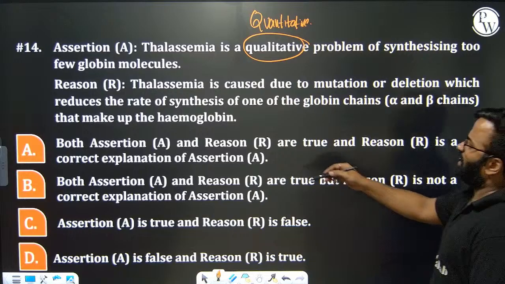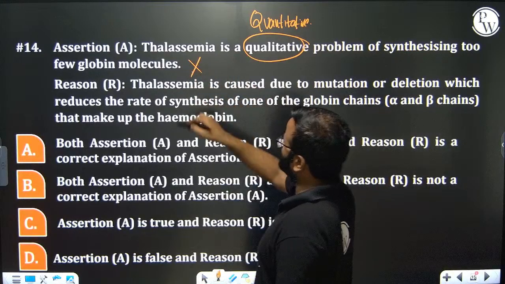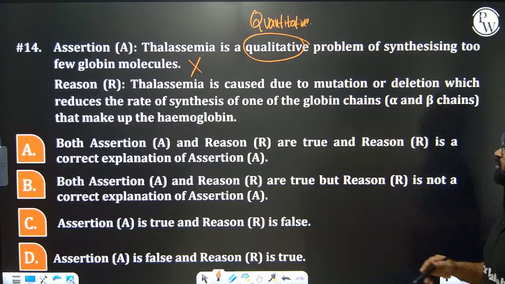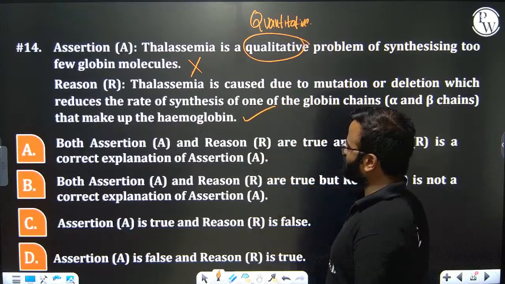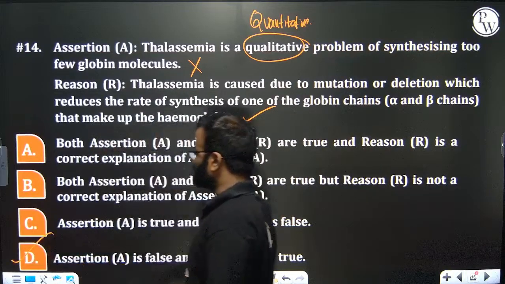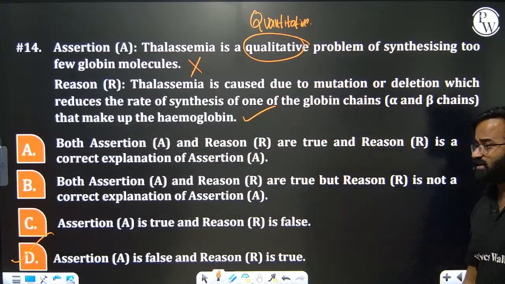So the assertion is false. Let's see the reason. Thalassemia is caused due to mutation or deletion which reduces the rate of synthesis of one of the globin chains, that is alpha or beta, that make up the hemoglobin. Yes, this is true as a statement, but the assertion is false. So I would go with D as the answer.